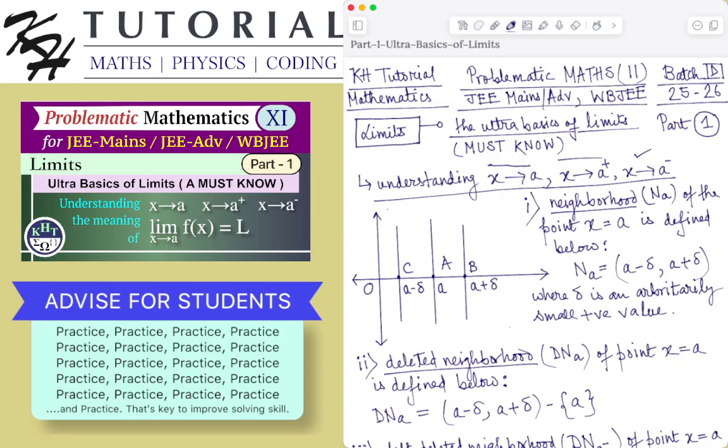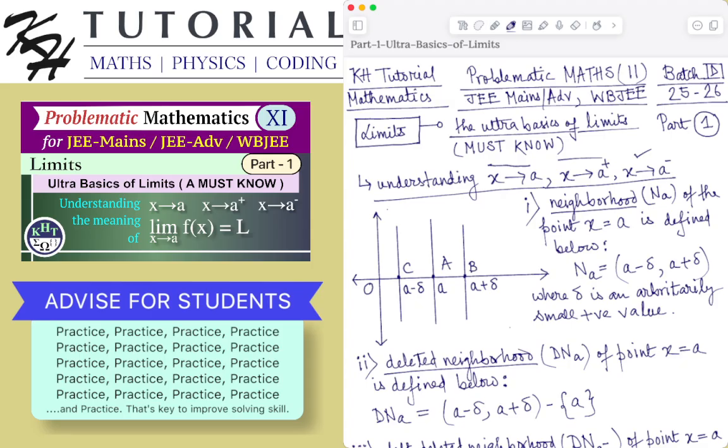Neighborhood is basically an interval or a set, denoted by capital N with subscript a, which denotes the neighborhood of the point x equals a.